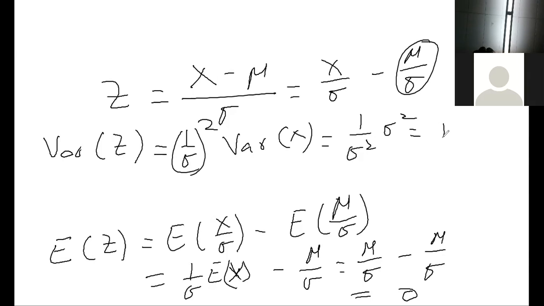So what I'm saying here is there is a special type of normal distributions called the standard normal distribution. It is very useful when you don't have a calculator and you want to compute probability. So how does it work?